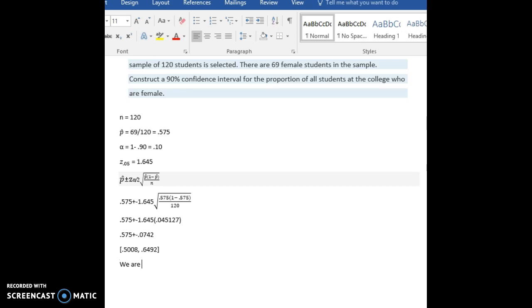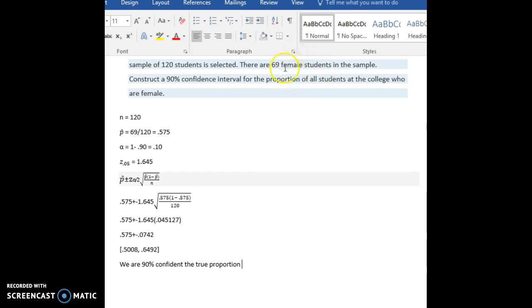Now, just as we did with previous confidence intervals, we still have to make a statement at the end. We are 90% confident the true... Now, this is not the true mean. This is a proportion. So the true proportion. If we look up at the top, we want to tell what that proportion is.